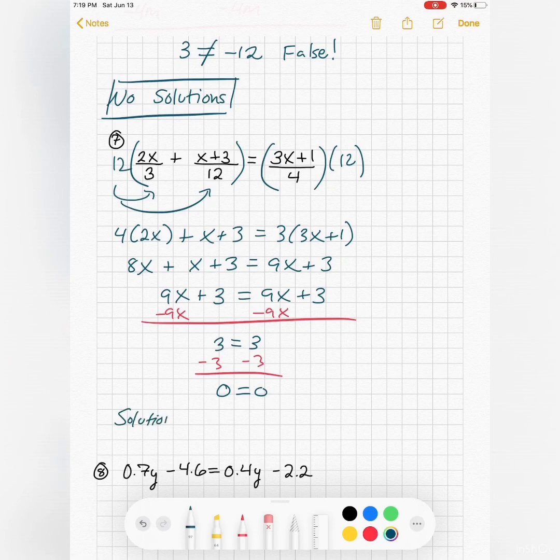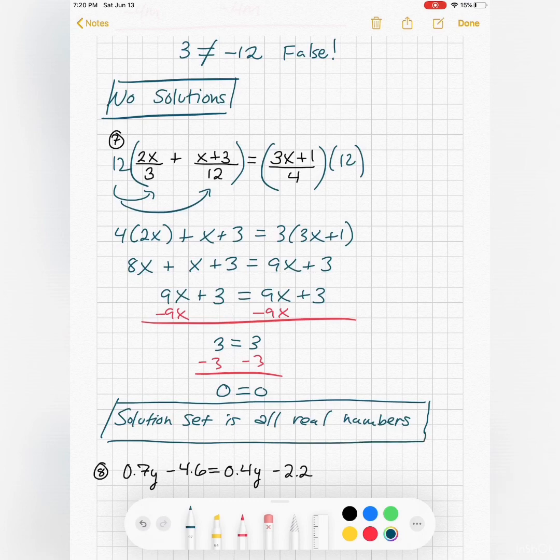So the solution set for this one is all real numbers. In other words, any number that I plug into this equation will be a solution. I can pick any real number, plug that into this equation, and I will get a true statement.